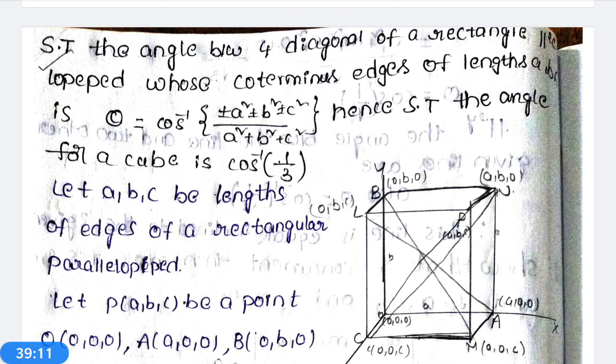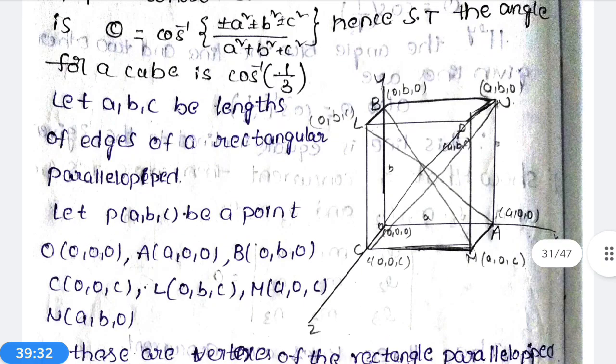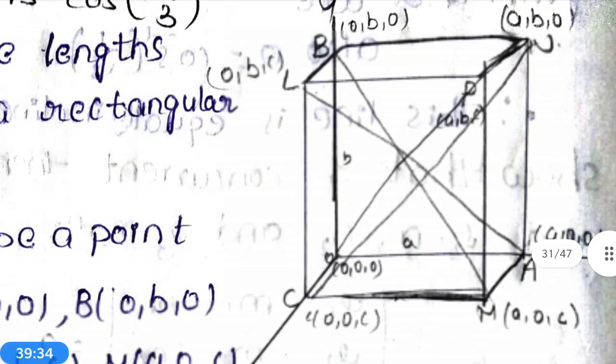Length, breadth and height are there. So length is say a, breadth is say b, height is say c. Let a, b, c be the lengths of the edges of the rectangular parallelepiped. This is a figure like that.